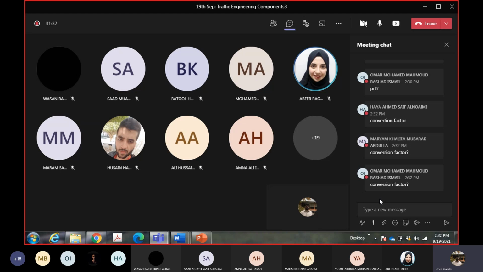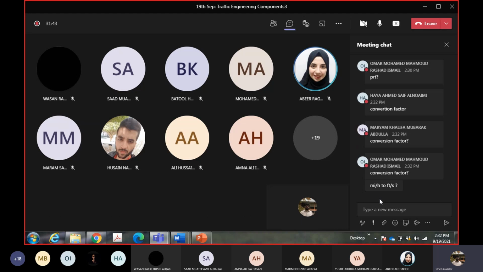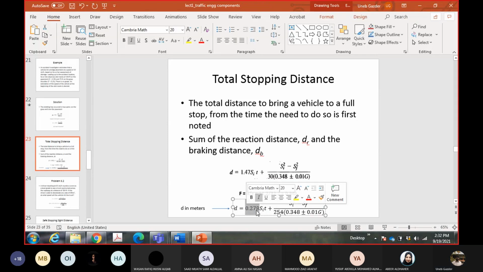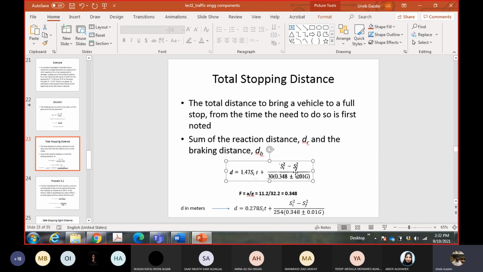So this is the conversion factor from miles per hour to feet per second. And if you are talking about kilometers per hour to meters per second, there is a corresponding conversion factor. Obviously the braking distance equation is also from the same unit system.